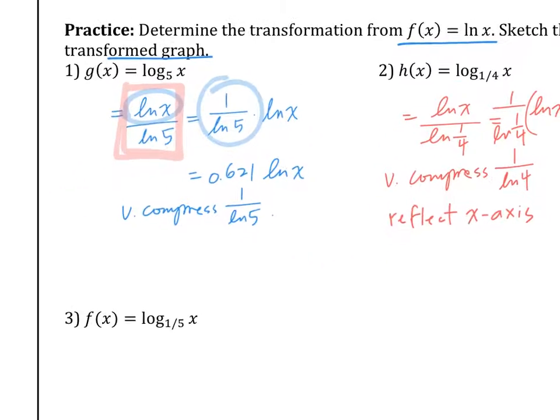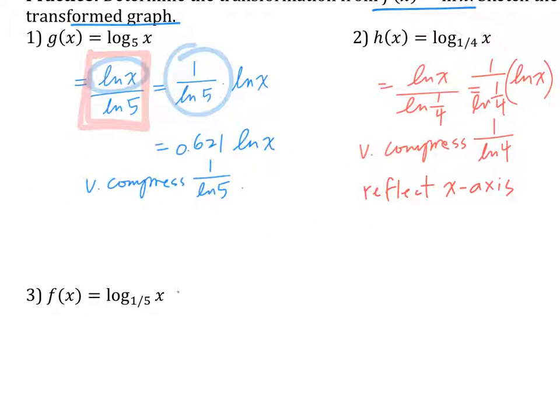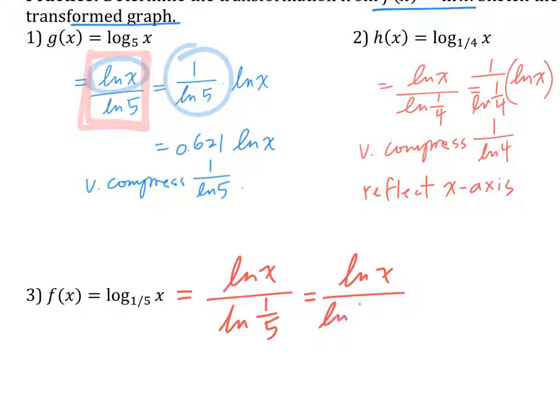All right, number 3, Blake, how do we change the base so that it's just natural log? Ln x over ln 1/5. Uh-huh. And then you would separate the ln 1 over 5 to ln 1 minus ln 5. Mm-hmm.